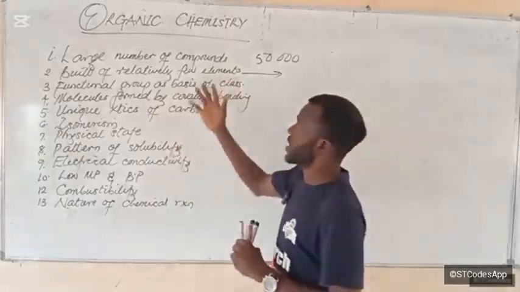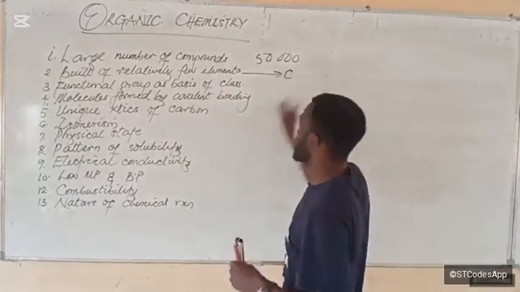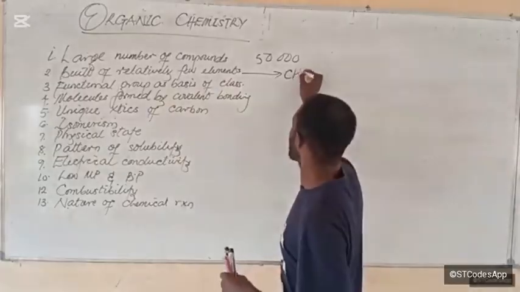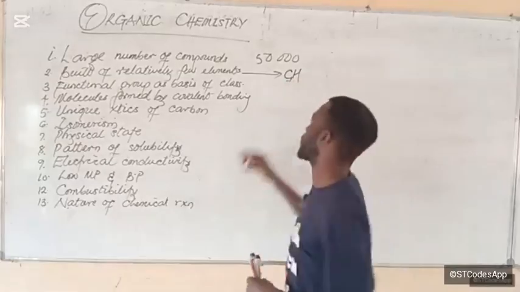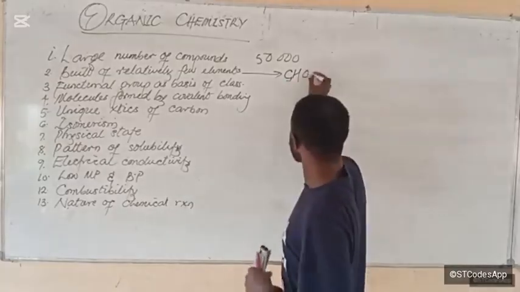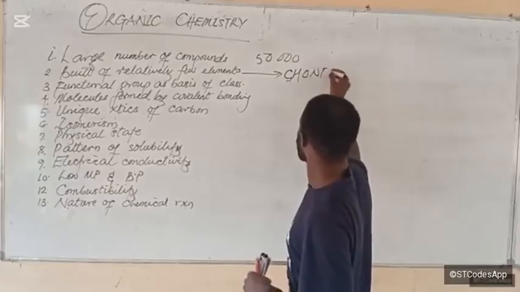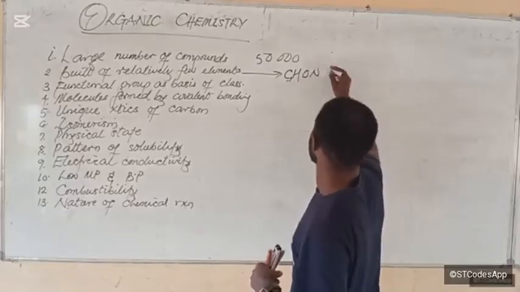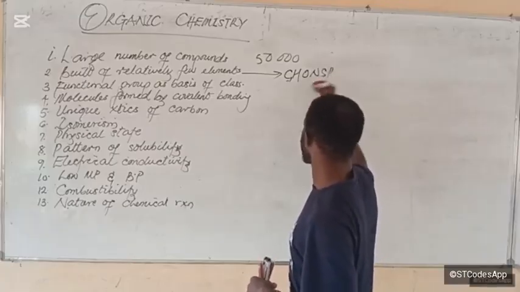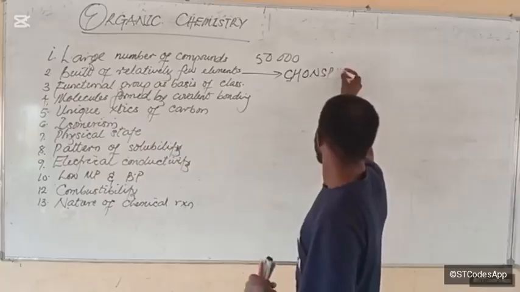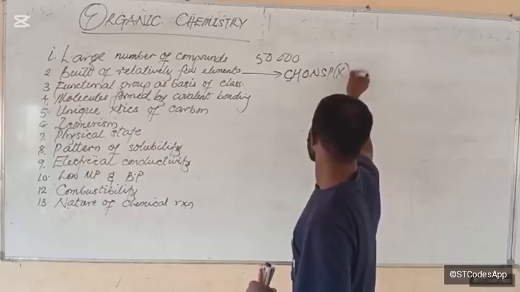But with organic chemistry, you can predict that carbon is definitely going to be part of the compound. Carbon, which is the chief component, hydrogen, oxygen, nitrogen, sulfur, phosphorus, and the halogens.